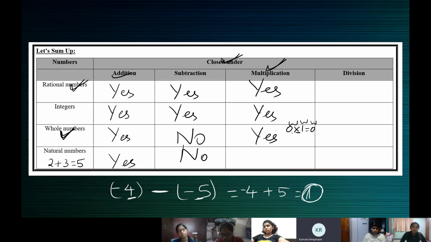When we multiply two whole numbers, the result is also a whole number, or the product is also a whole number. Okay, ma'am. So we say that whole numbers are closed under multiplication. That means when we multiply two whole numbers, the product is also a whole number.